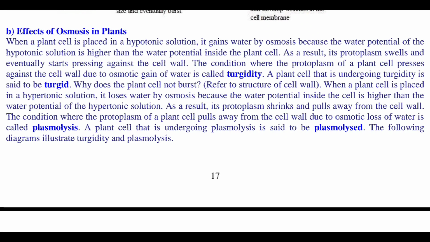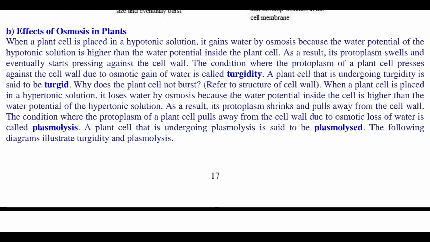Okay? Now, what happens when a plant cell is placed in hypertonic solution? A solution whose concentration is higher than the concentration inside the living cells. What will happen is that, like in animal cells, it loses water by osmosis. The reason is just the same.